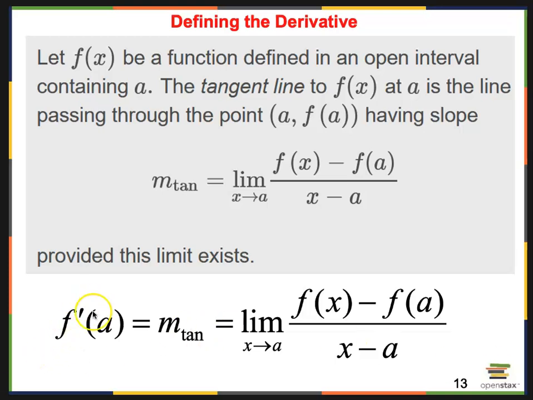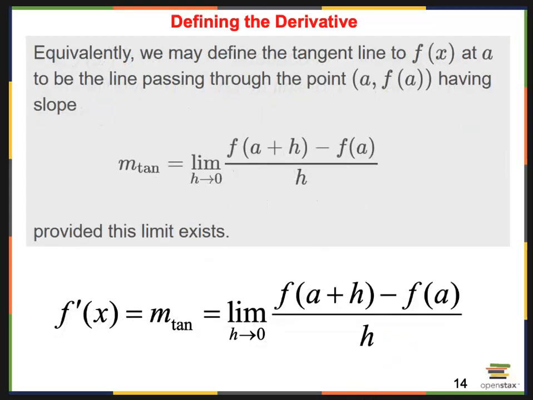So f prime of a, that's a way we can write the derivative in function notation, equals the slope of the tangent line, which is the limit of the difference quotient. So again, equivalently, we can look at this using the h, and it's the same thing.